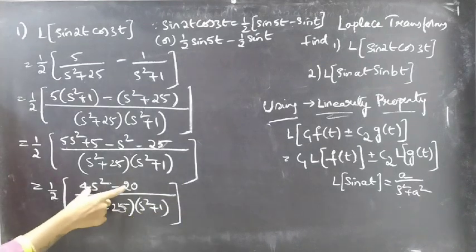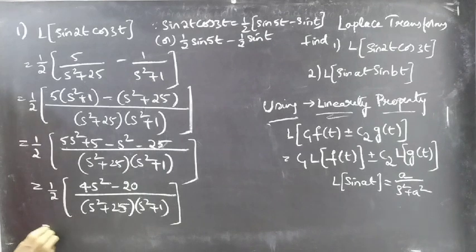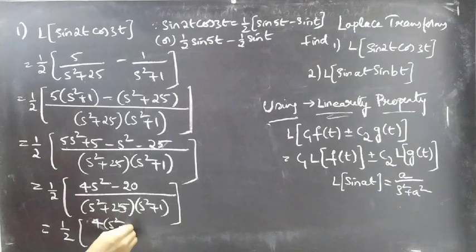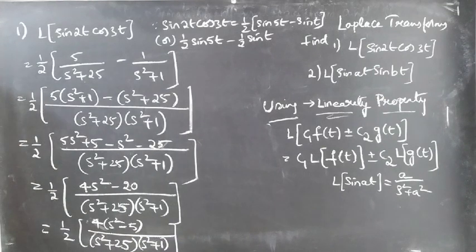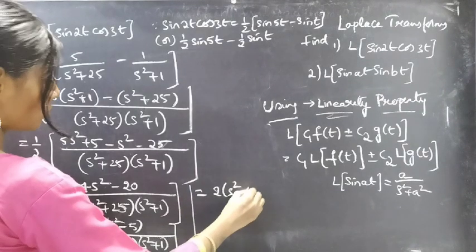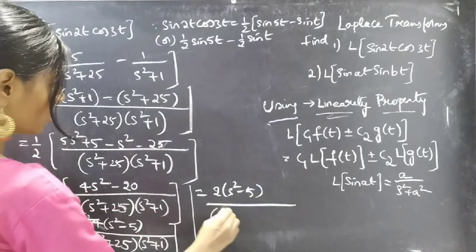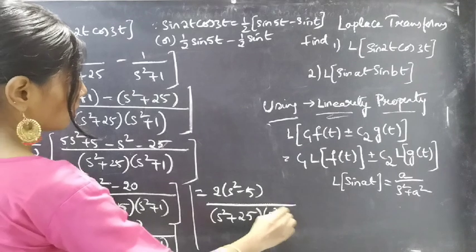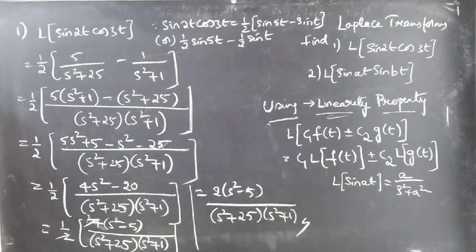Now take 4 common from these two terms, then we'll get 1 by 2 into 4 times s square minus 4 5s are 20, by s square plus 25 into s square plus 1, right? 2 ones are 2, 2 twos are 4, this gives us 2 times s square minus 5 by s square plus 25 into s square plus 1, which completes the problem.